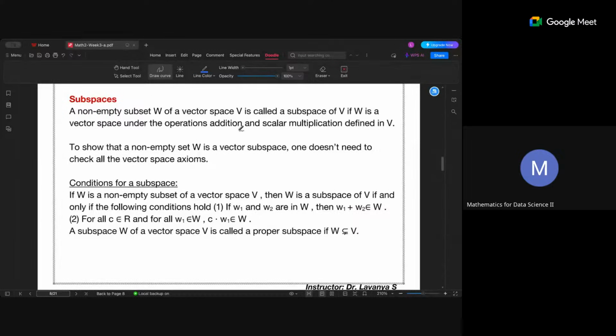It is closed under addition and scalar multiplication. Only these two, if it satisfies, then we call it a subspace. So we don't need all the vector space axioms for a subspace. Just the closure under addition and scalar multiplication is enough. Okay, so we say a subspace is proper if it is a proper subset of V.